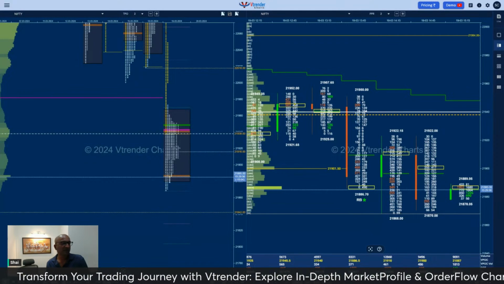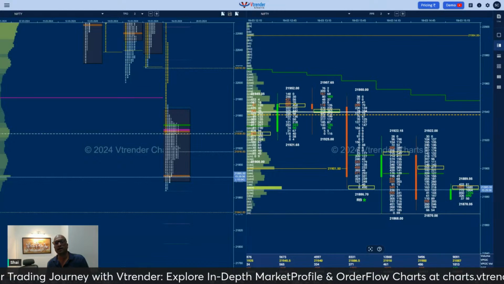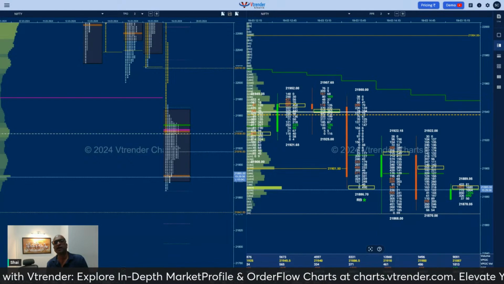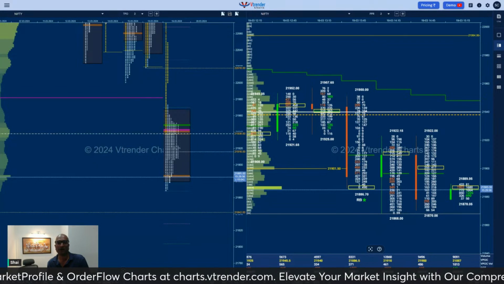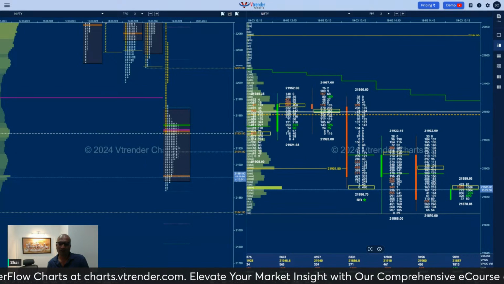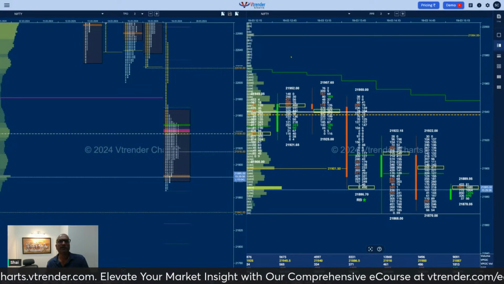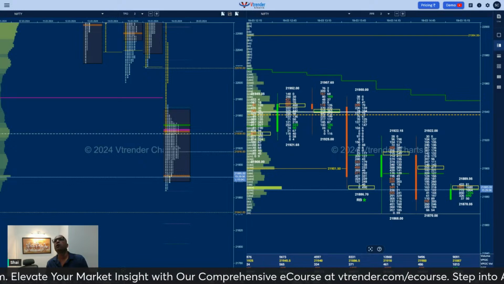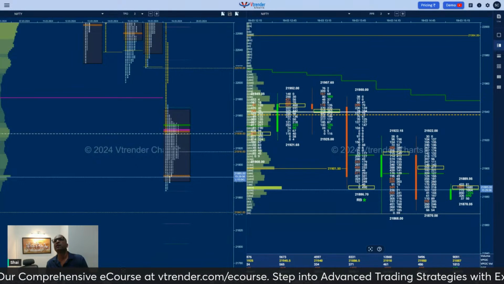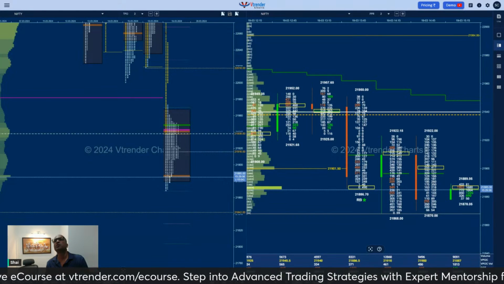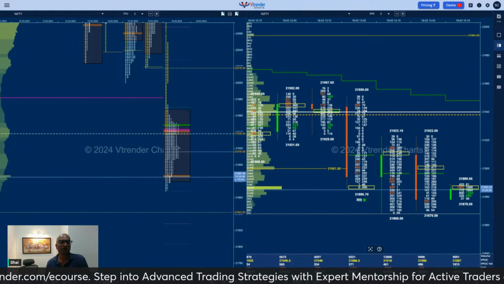Now bear with me. The reason I'm stressing this particular point is because we get a number of ways in which we interpret the VWAP of the market. Now in all our charts, I've got a market profile chart over here, and I've got an order flow chart over here. We give a very simple explanation to where the VWAP should be.